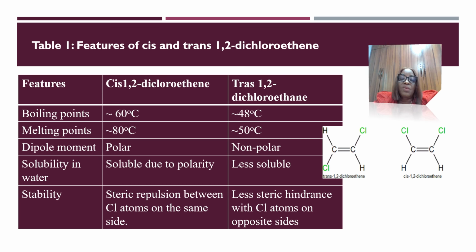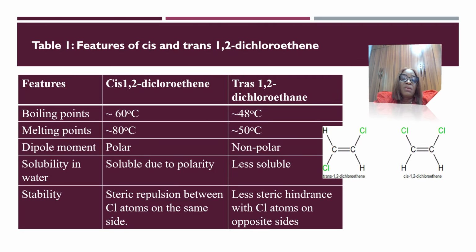Still considering trans 1,2-dichloroethene and cis 1,2-dichloroethene, let's consider their features. Their boiling point, cis 1,2-dichloroethene is approximately 60 degrees, while trans 1,2-dichloroethene is approximately 48 degrees Celsius.